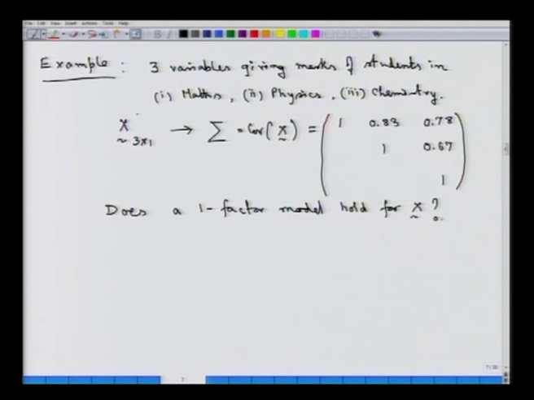We are trying to verify whether the sigma matrix of this three dimensional variable is such that we can write these three variables in terms of only one common factor. So we start with this sigma matrix and try to verify whether a one factor model holds for x. That is, we are trying to write x minus mu as LF plus epsilon.